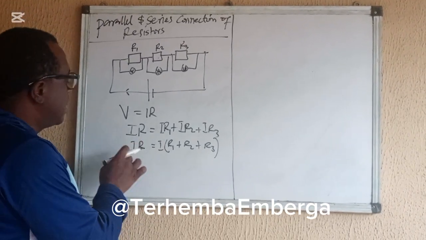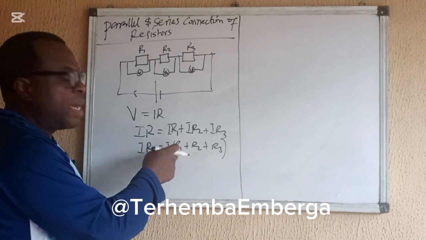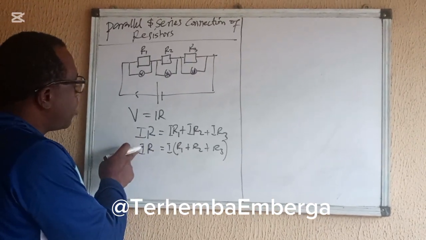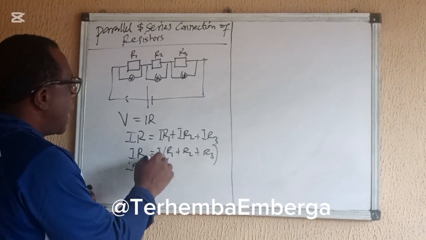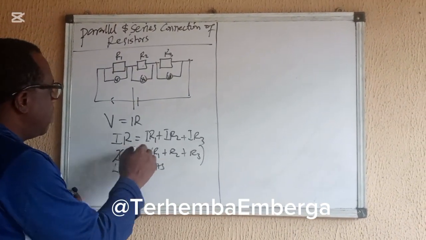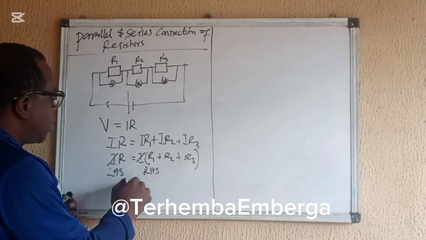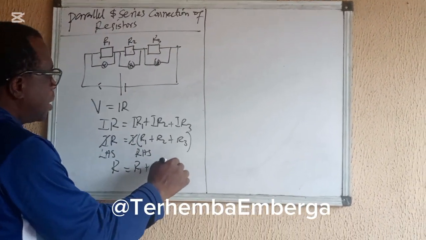So this is the left-hand side of the equation. This is the right-hand side. Whatever you do to the left-hand side, you must also do it to the what? Right-hand side. So I is common on the left-hand side, and I is also common on the right-hand side of this equation. So we can cancel them. And we can say that R becomes R1 plus R2 plus R3.